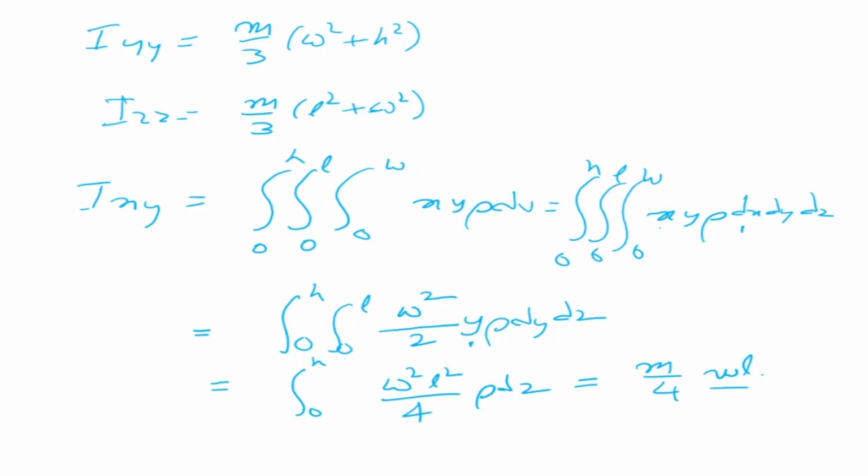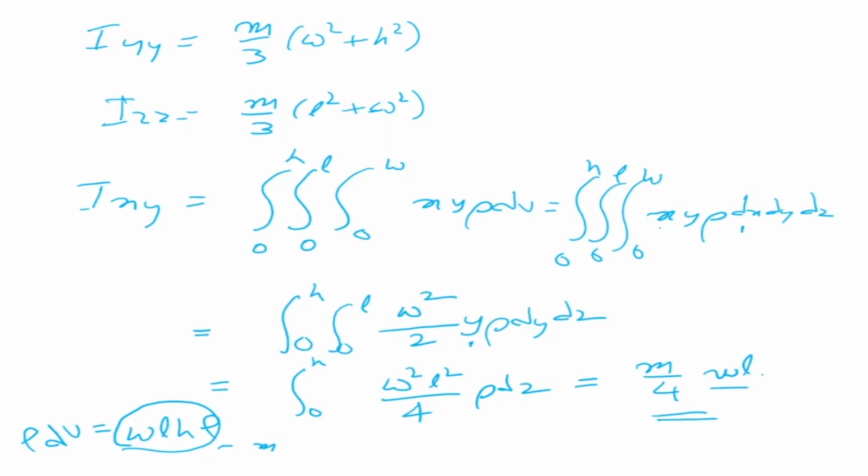Now from here, when we're integrating, what are we getting here? Please remember that the volume dv is equal to w into l into h, and into the density rho makes it equal to dm. That is where my m is coming from. This is equal to mass.